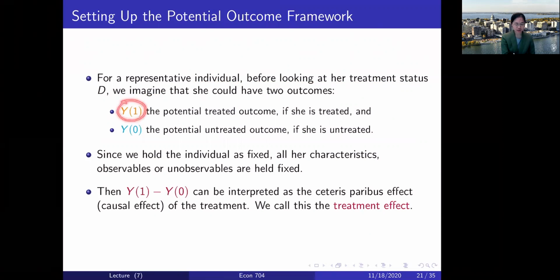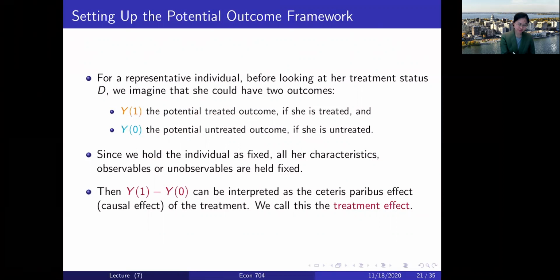Y1, which is the outcome that she could have if she is given the treatment. And Y0 is the outcome that she could have if she will not be given the treatment. So Y1 is called the potential treated outcome. Y0 is the potential untreated outcome.